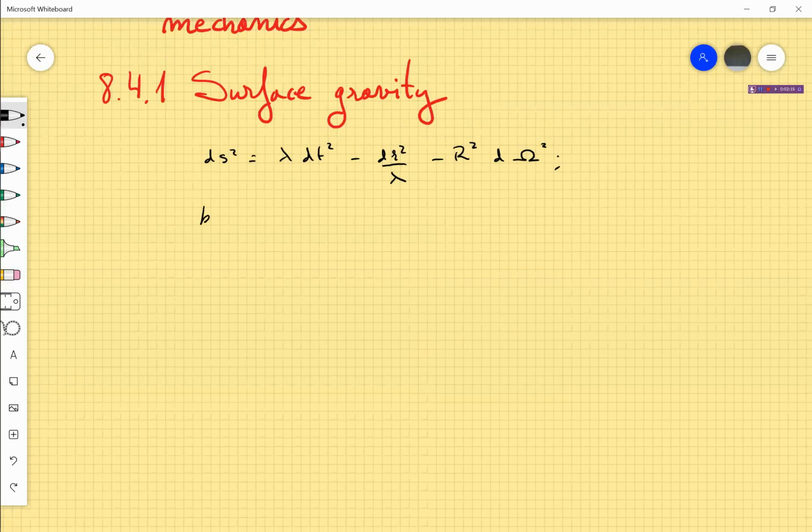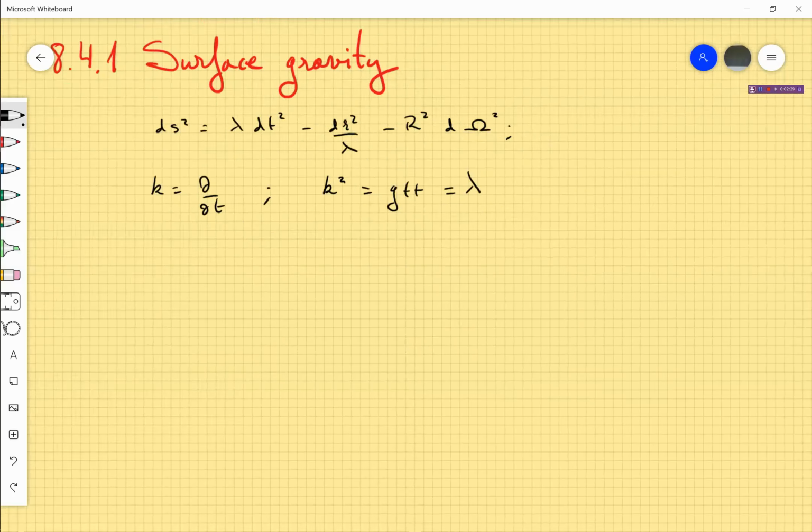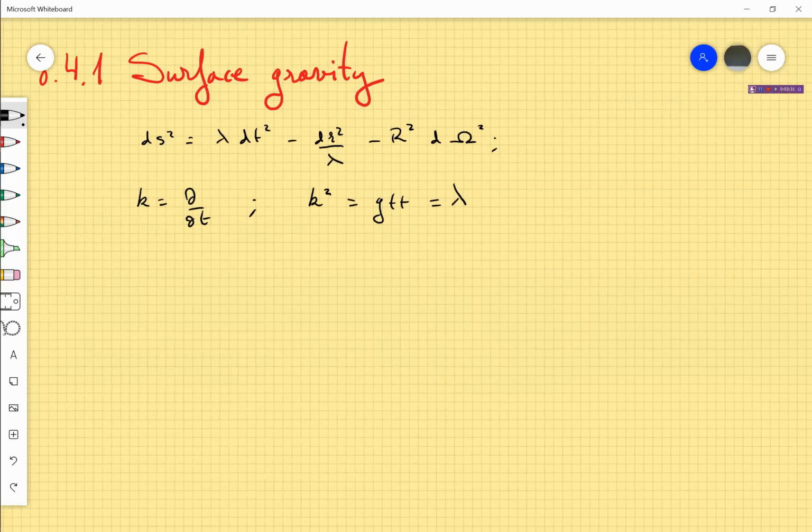This is, in these coordinates, just d/dt. And remember that k squared is just g_tt, and this is what we call lambda. So the place where the horizon might be is the place where this lambda vanishes. This is where the Killing horizon will be, and this will coincide with the event horizon.